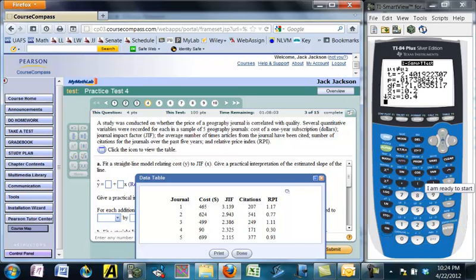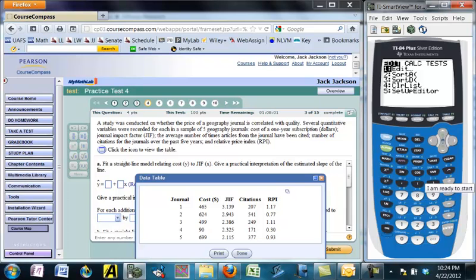So I'm going to go over here to the calculator, hit Stat and Edit. I'm going to go to List 1 and clear it, and List 2 and clear it, which is already cleared. And I'm going to put my X's in List 1: 3.139, 2.943, 2.386, 2.325, and 2.115.